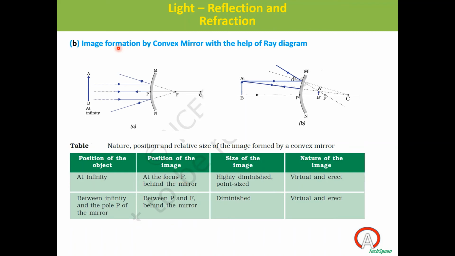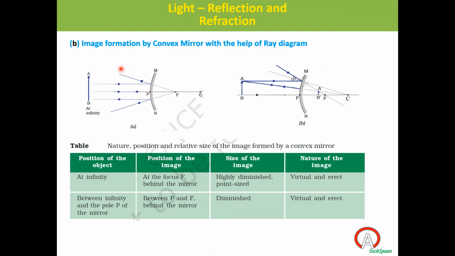Now you see these are the two cases. We're keeping the object here. In both cases, see where the image is forming. Is it forming on the same side or the opposite side? Opposite. This is a convex mirror, A and B, and this black line is the reflecting surface.